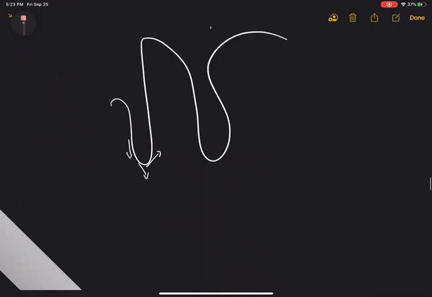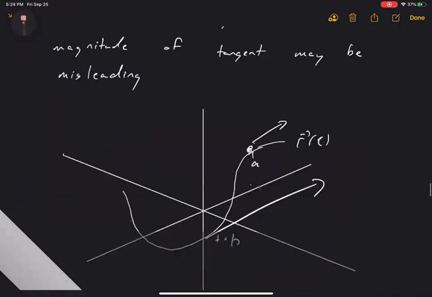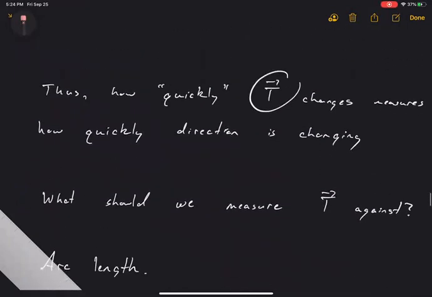So that change in the unit tangent vector is pretty high right here. And maybe it's fairly low for all of these. So we need some way to measure how quickly this thing is changing.